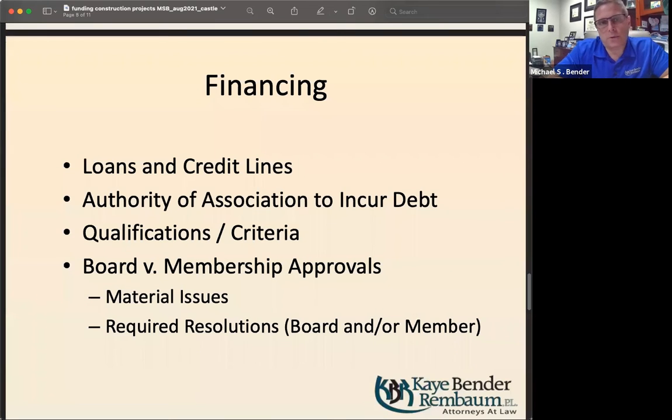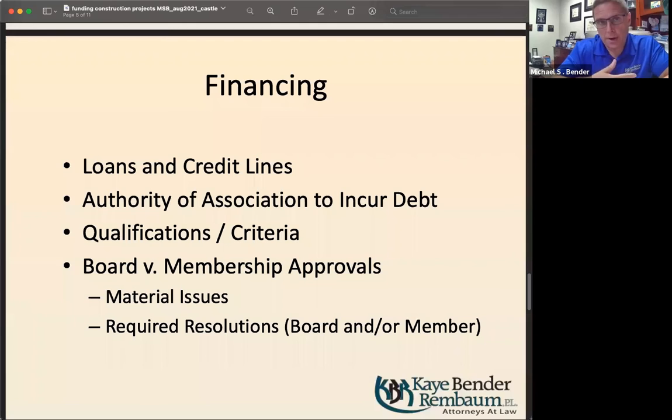And the banks also often require an opinion of counsel, your association counsel, to confirm that you have the authority to borrow, that you followed all the requirements of your governing documents, of the Florida statutes, and of the loan documents. Simply put, if the governing documents require a vote of the membership to borrow funds, then you're going to need to get that vote before you can move forward with the loan facility, either the loan or line of credit.